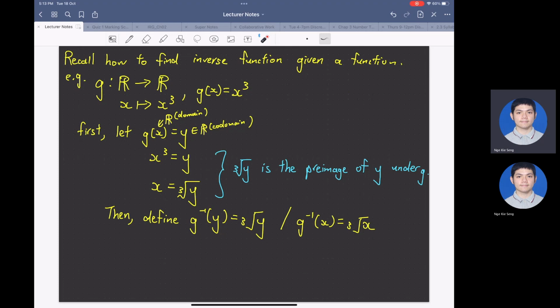So g inverse is sending the element to its pre-image. You need to find the pre-image. So how to find it? Set your image first, and then find the x. This is the pre-image of your y. Any questions?